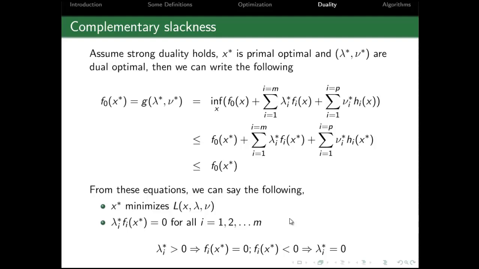We know that f_i of x star is less than or equal to 0 because x star is a feasible value. So whenever f_i of x star is not equal to 0, lambda_i star should be equal to 0. This is known as complementary slackness: either lambda_i star should be equal to 0 or f_i of x star should be equal to 0, when strong duality holds.